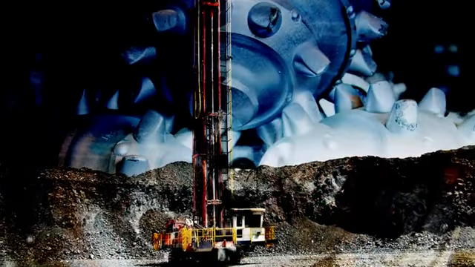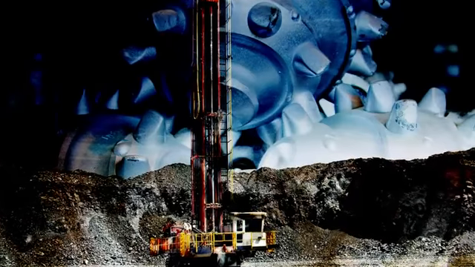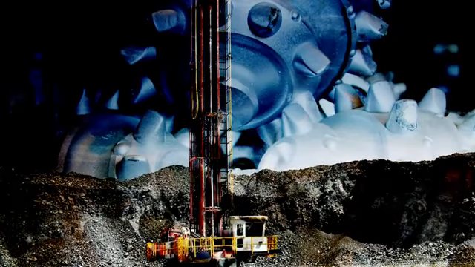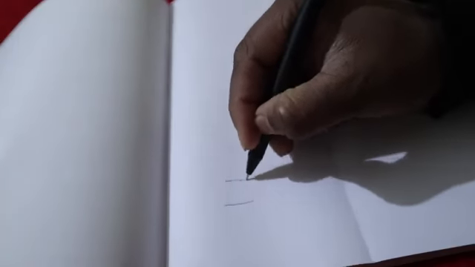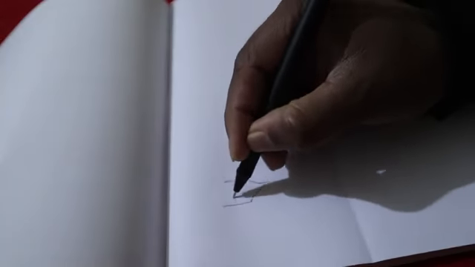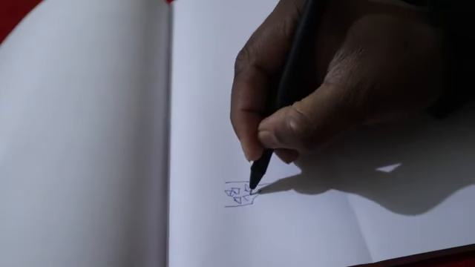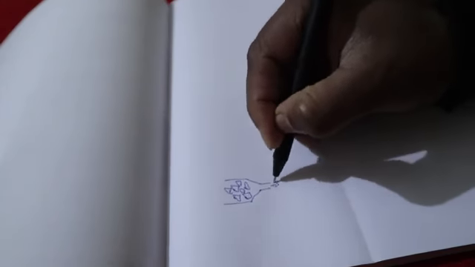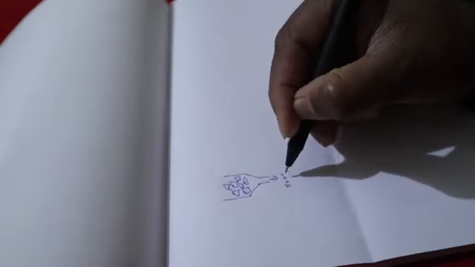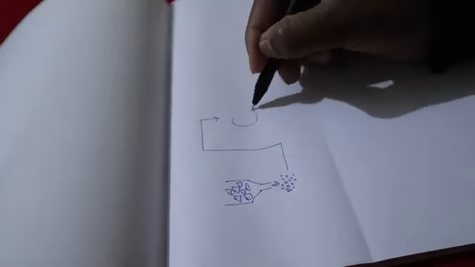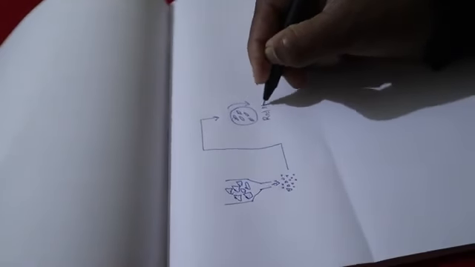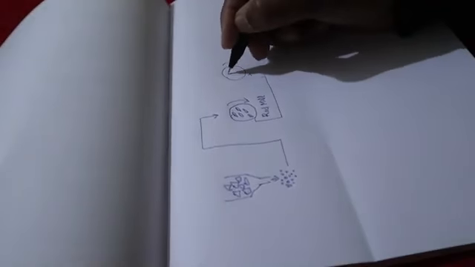The ore is brought out of the mine using power tools and with the help of explosives. It is then broken into smaller pieces with the help of cone crushers. The crushed ore is then ground even smaller by a series of mills.